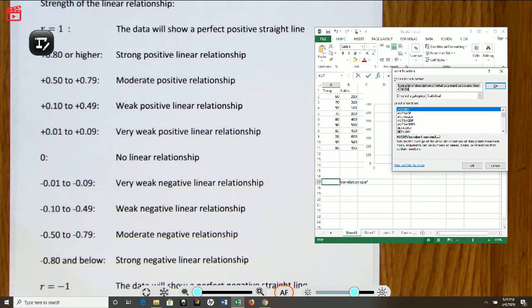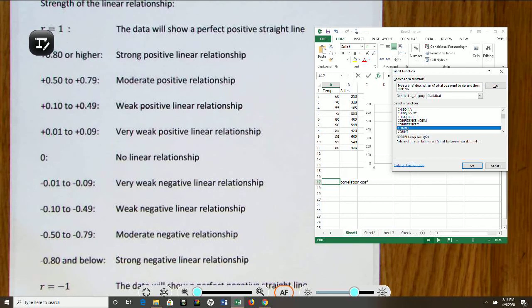I'm going to click on that, and it brings up all of these different choices. I want to make sure I am in the statistical list because that's where all of our statistical formulas are found. We're going to go down in the list, and we're going to come across CORREL, and that is the one that's going to calculate our correlation coefficient for us. So I'm going to grab that, and I'm going to hit OK.